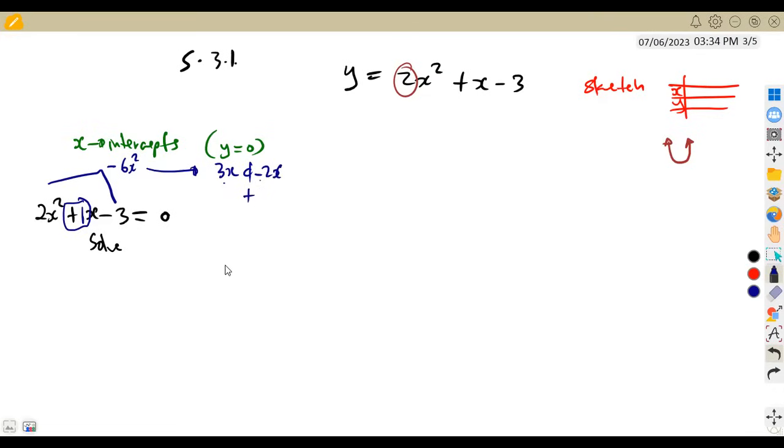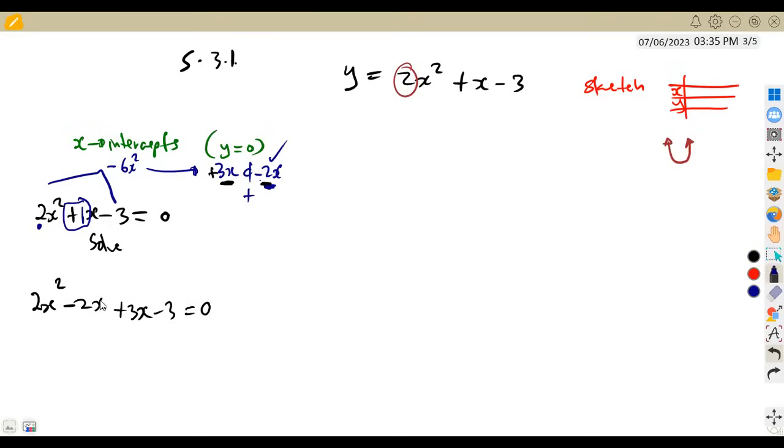So 3 plus minus 2, that's a positive 1. So these are the factors. Since here I'm starting with a 2, I can also write it corresponding to this 2x. So I'm going to have it as 2x squared minus 2x, plus 3x minus 3 is equal to 0.